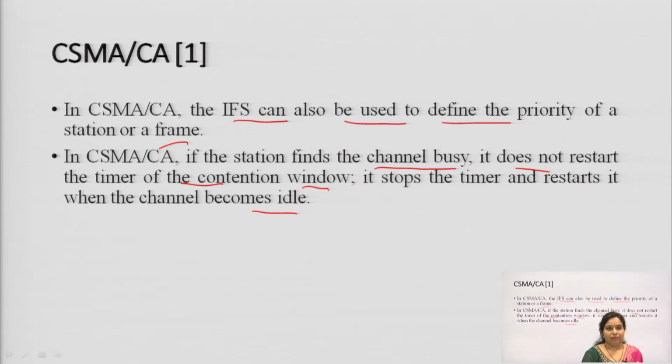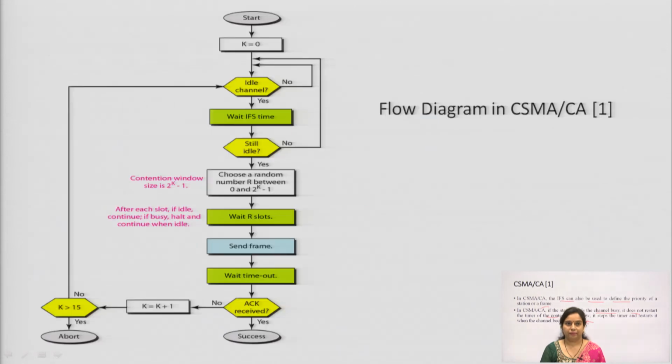If it sees that the channel is busy, it will stop the timer and restart it when the channel becomes idle. So, in this situation no collision will take place; it will definitely be avoided.